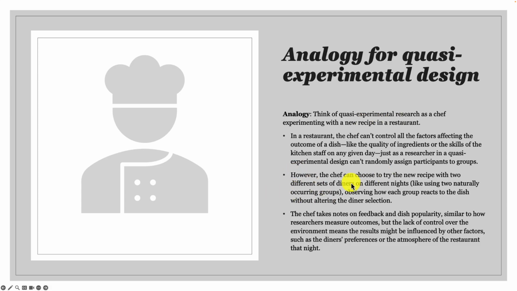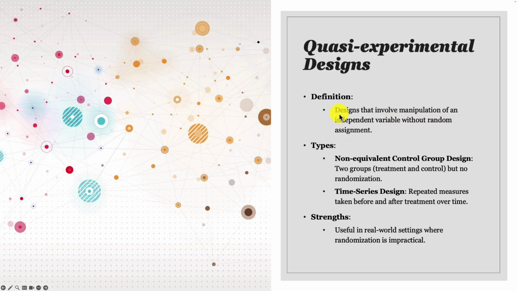I have an analogy here if you need it for the quasi-experimental design, but what is it? This is a design that involves manipulation of an independent variable, but without randomizing. We will not randomize our groups due to ethical reasons. It's not happening due to ethical or feasibility issues where somebody could be put in a line of being harmed because of our research.